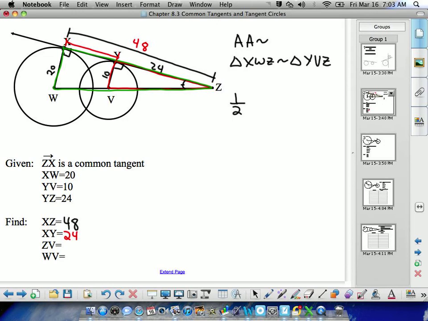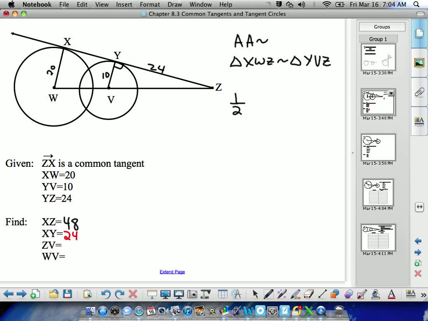ZV, I'm going to have to use a different property. Let's see, what kind of triangle do we have? If I look at just the triangle YVZ, we knew this was a right angle. We knew that this is 24, and we know that this is 10. So I have two sides of a right triangle. What do we use to solve this?